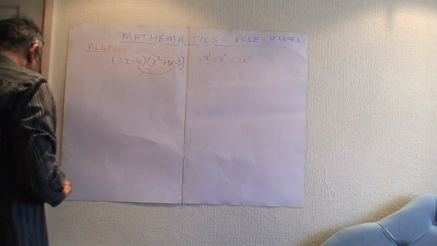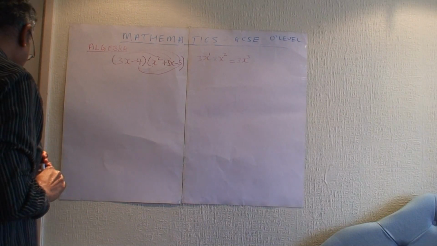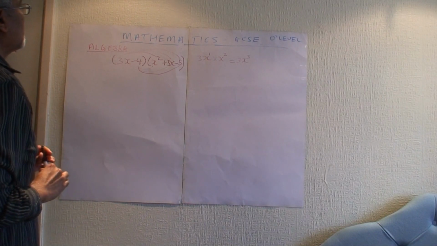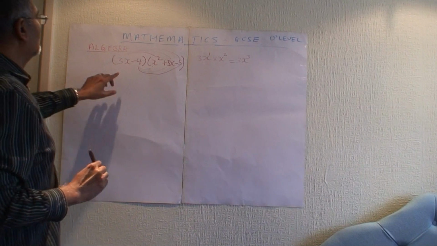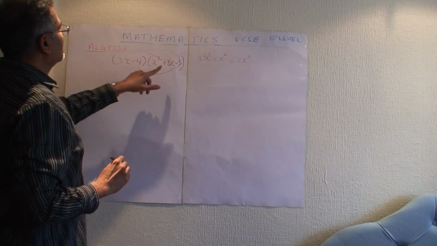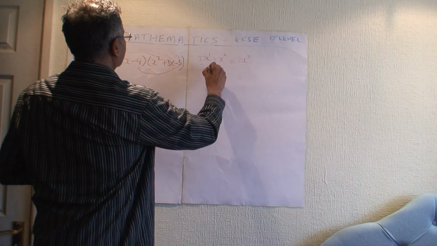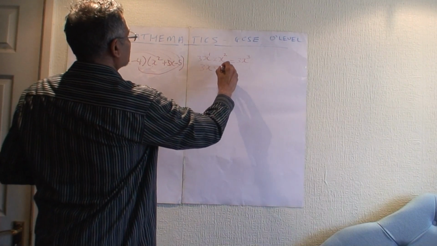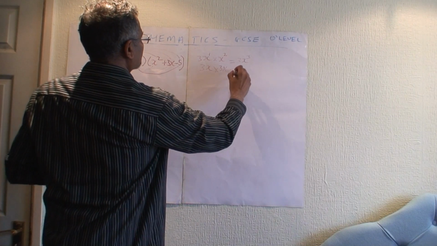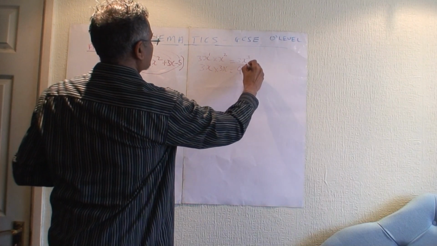Then 3x multiplies by this 3x here, that is 9x squared.